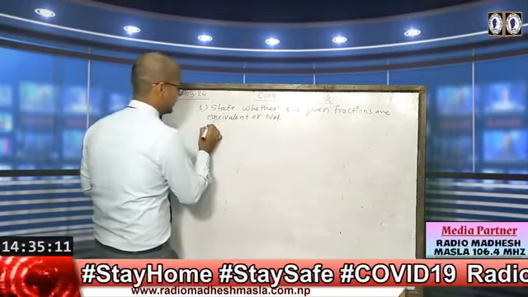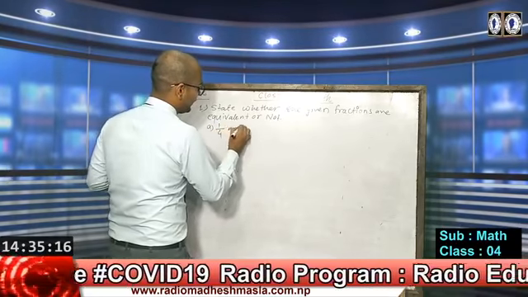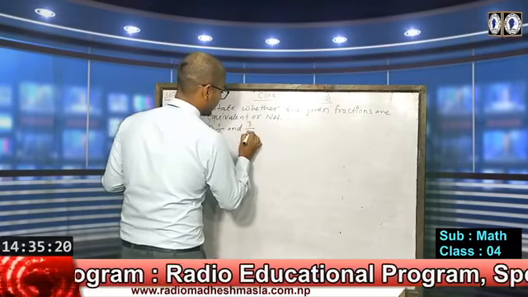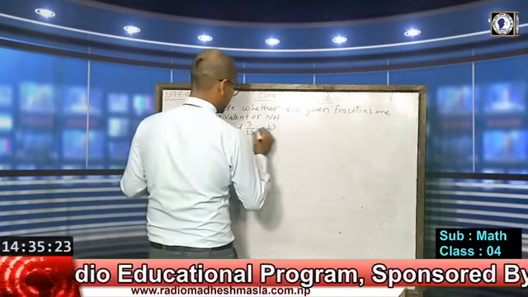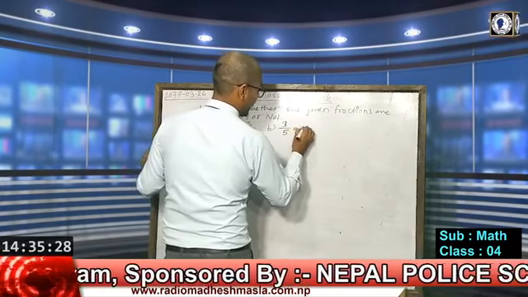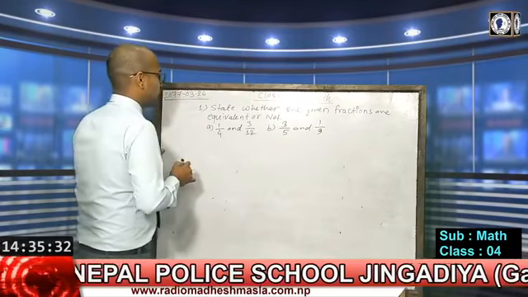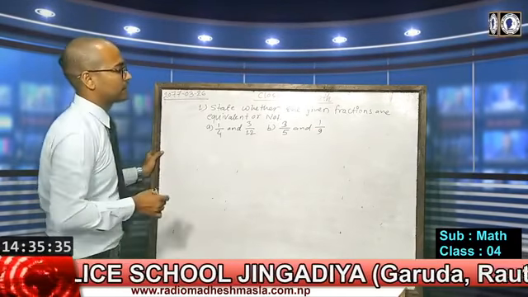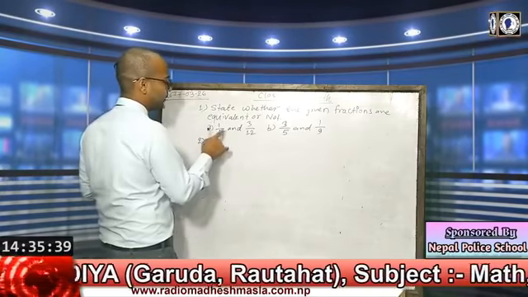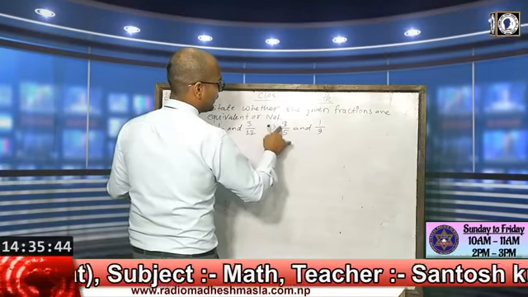In question A there are given 1 by 4 and 3 by 12. In question B there are given 3 by 5 and 1 by 9.